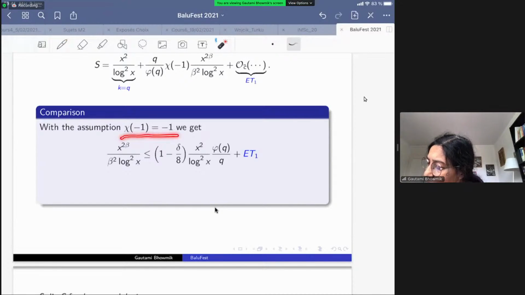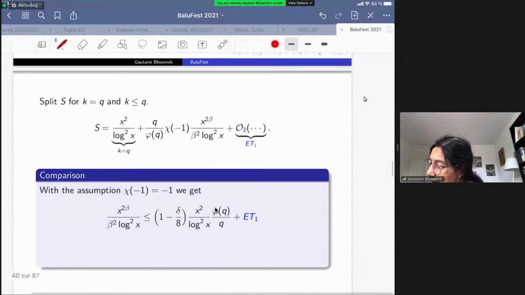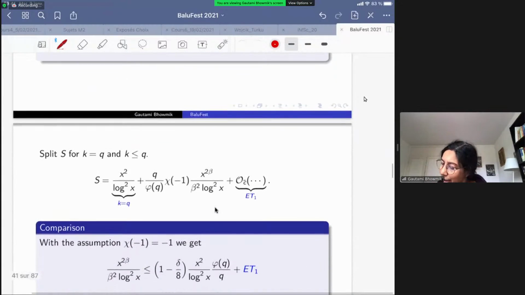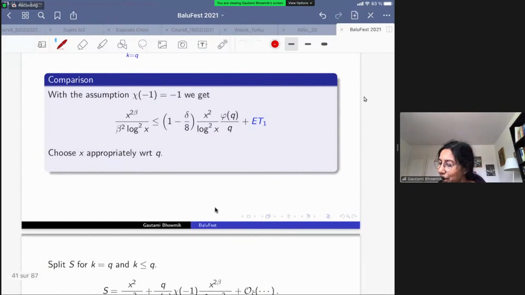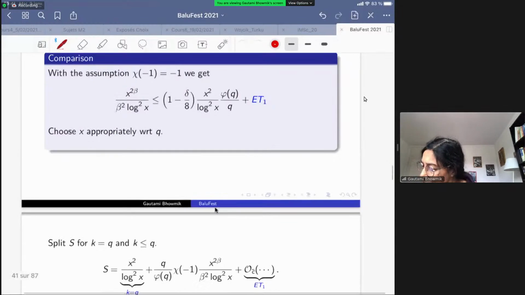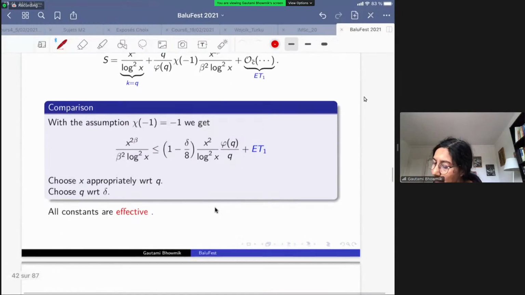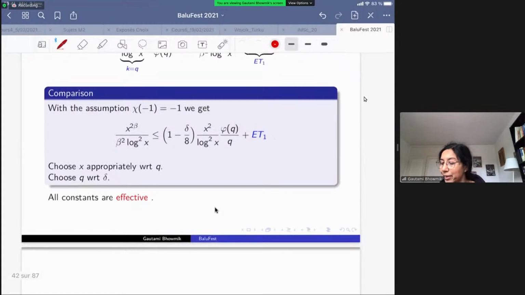Remember, it's not very nice as a condition, but we need it for our proof. And then you get this error, which I just showed you. So that's what I mean when I say that choose x appropriately. Means neither too big nor too small, to keep everything going. And then, as I said, you compare them, and you get the result.